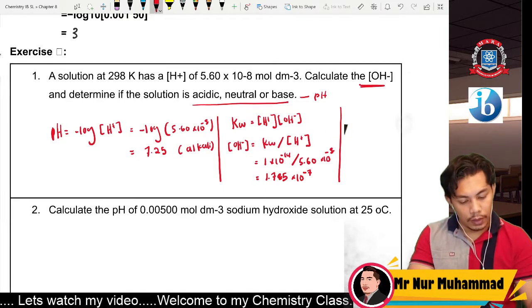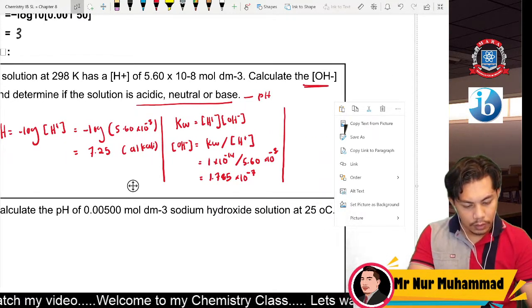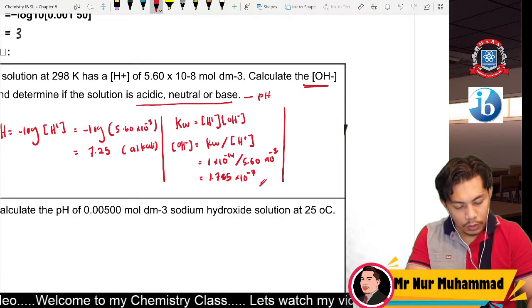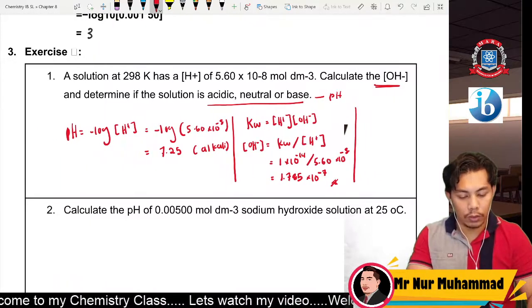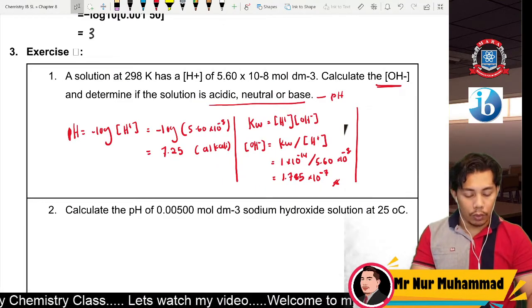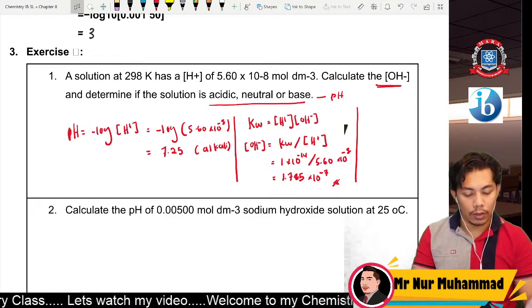Now we know the concentration of hydroxide ion. So this is how we use the ionic product constant to calculate the hydrogen ion or hydroxide ion.